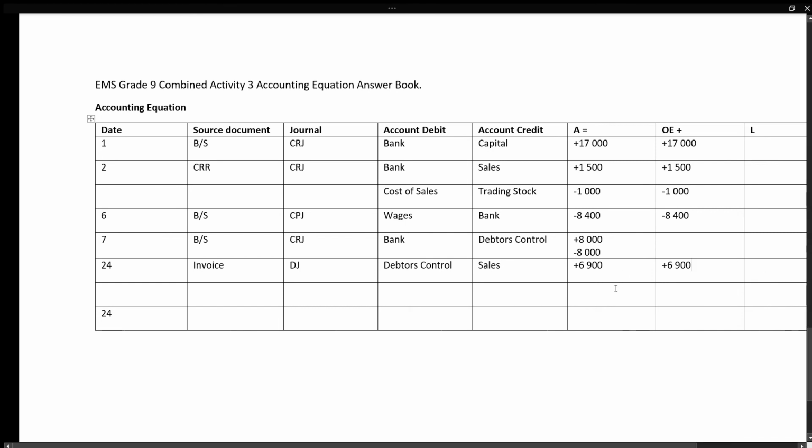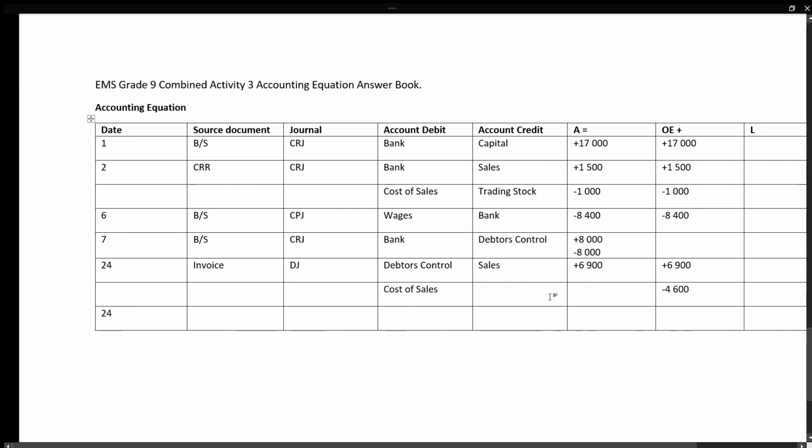There you go. And then to make money, I need to spend money. I had cost of sales. Remember, we already calculated cost of sales. Cost of sales is an expense account, and expenses increase on the debit side and will always have a negative influence on my owner's equity.